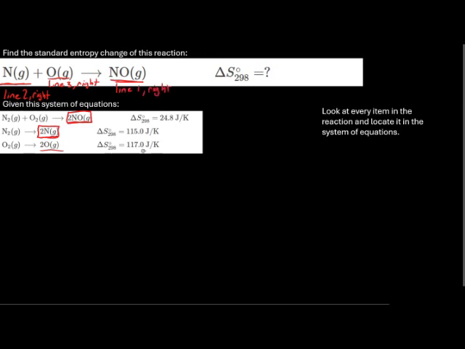So now that we know where each of our items exists in the equation, we need to check two things. We need to check to see if that item is in the correct position and if there are the correct number.